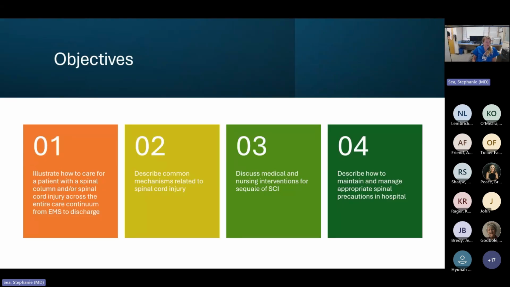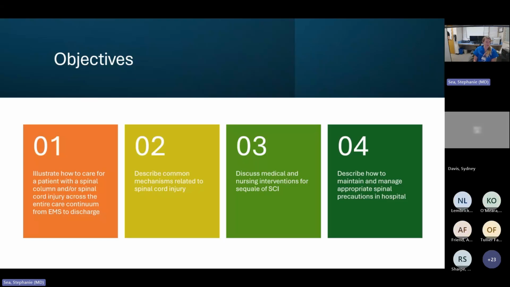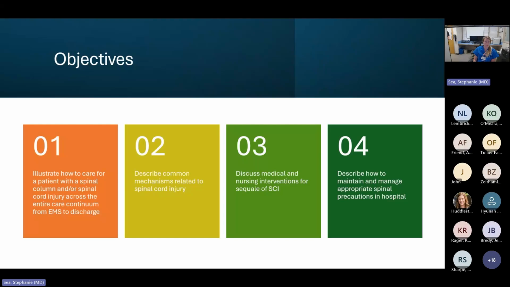Because we now thankfully do get to offer the CMEs for the nurses, we've added in some objectives. So here, what I would hope to accomplish during my time with you guys this morning is to illustrate how to care for a patient with spinal column and or spinal cord injury across the entire care continuum.